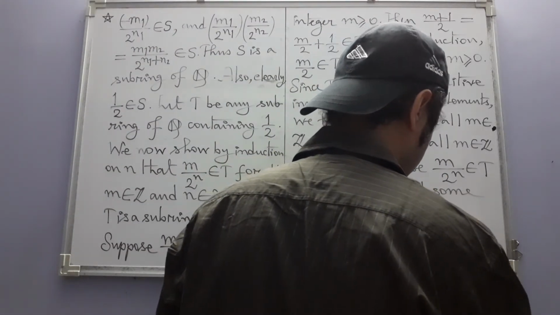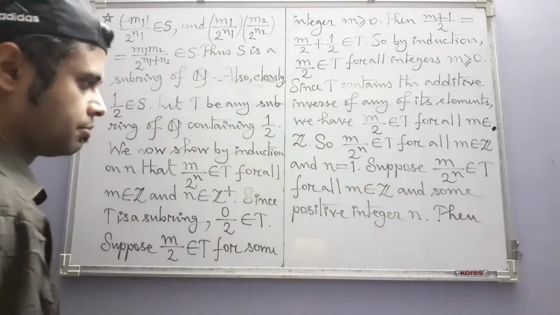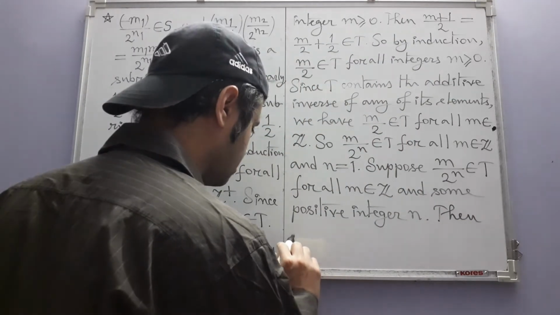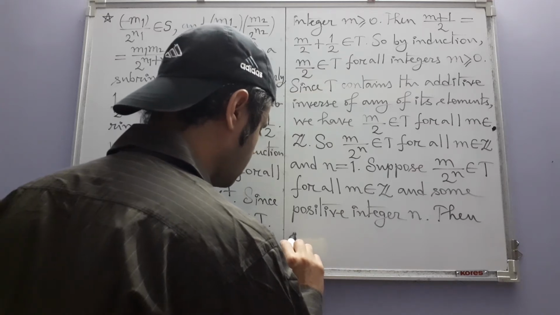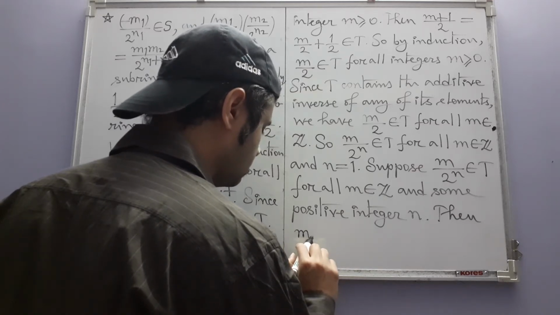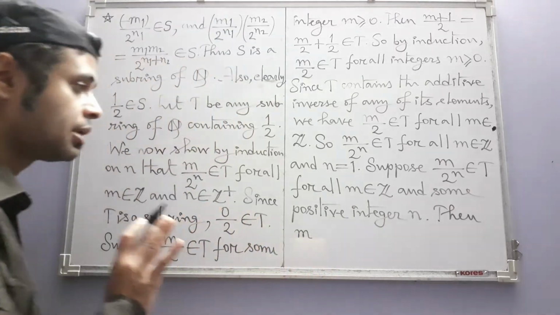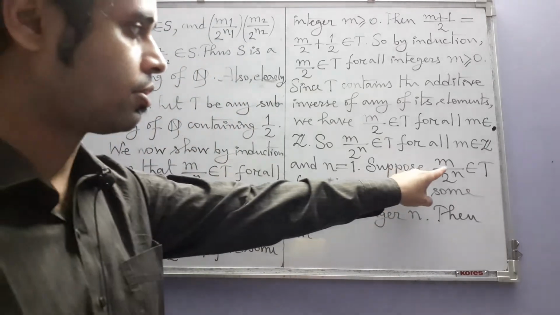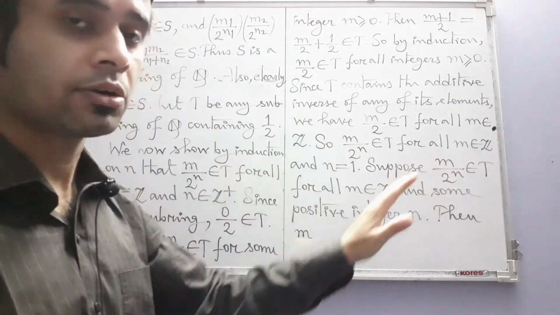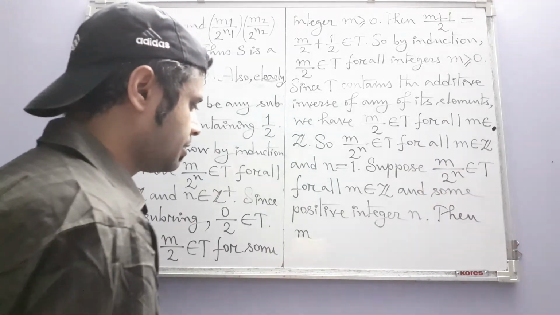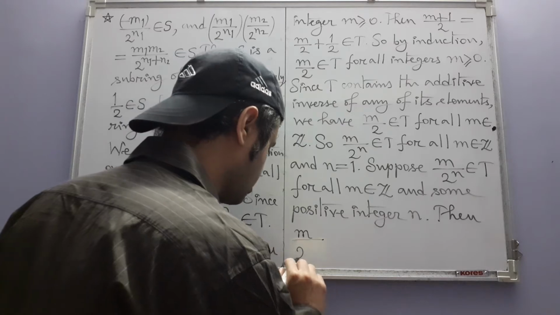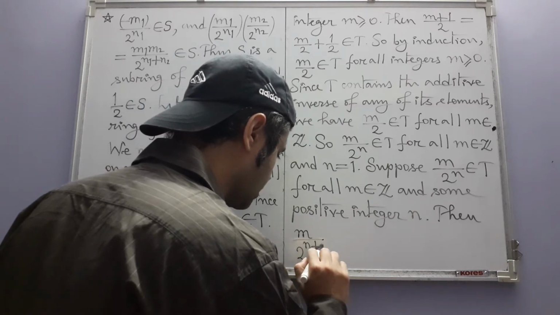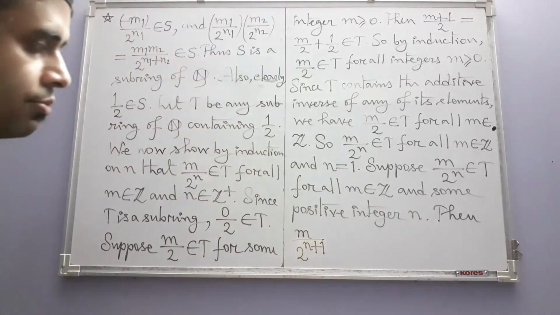Then, now our induction is not on m but on n. So we keep that in mind. m is arbitrary. So now we are going to look at the case where we have n plus 1 in place of n.